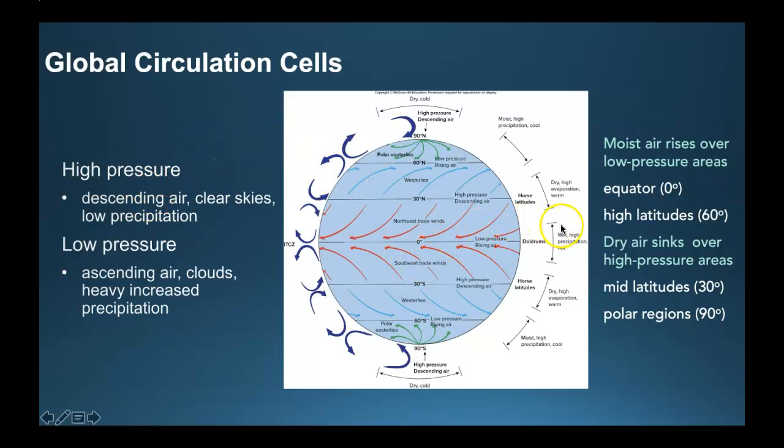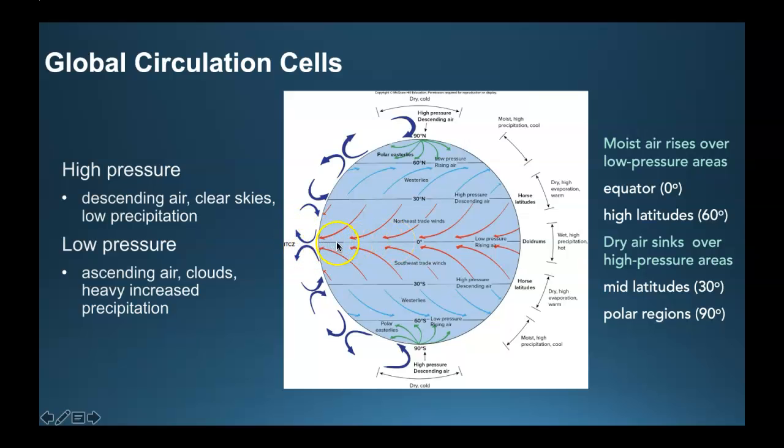So going back over here, we have the doldrums, or the area where these pressure systems are coming together, and there's really going to be no wind in the doldrums.